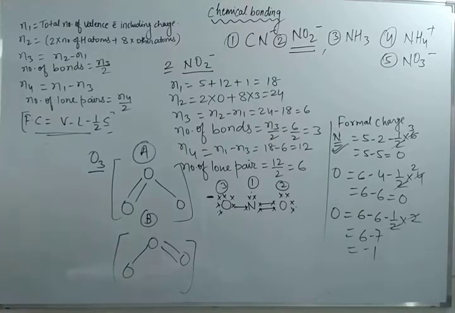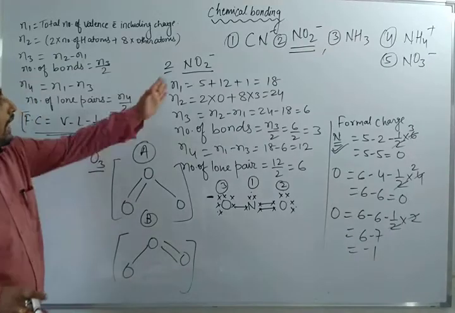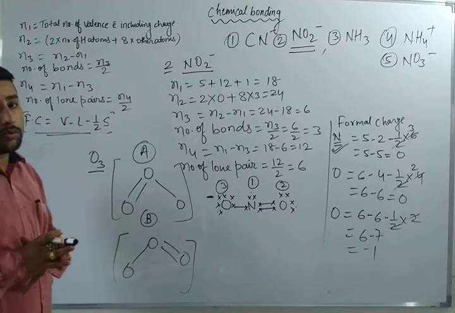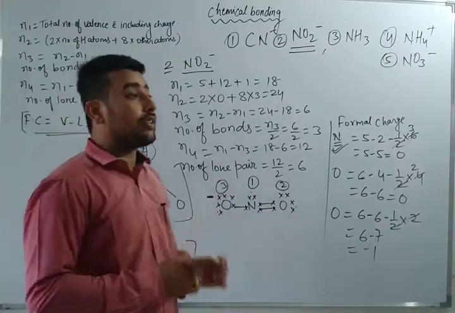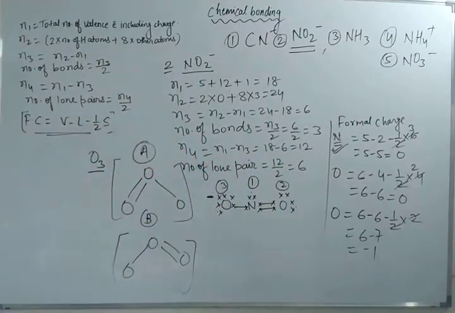Just suppose I have drawn these 2 structures for ozone. You know very well these 2 structures are possible. But when we talk about resonance, neither the first one is correct nor the second one. Then which one is correct? One of the bonding pairs in ozone is spread over the region of all 3 oxygen atoms rather than being associated with a particular oxygen-oxygen bond.